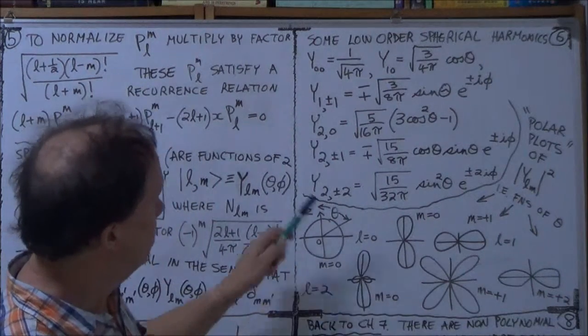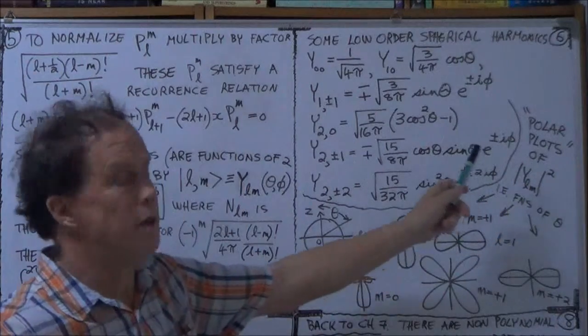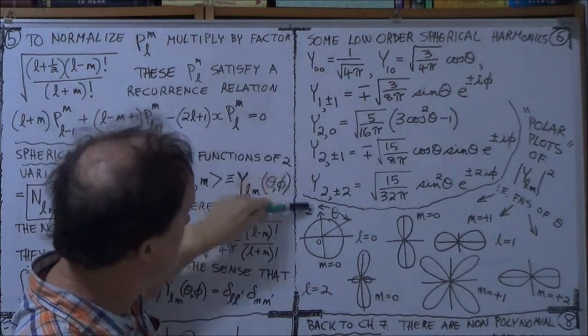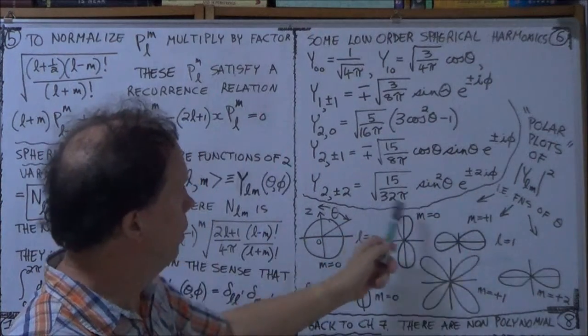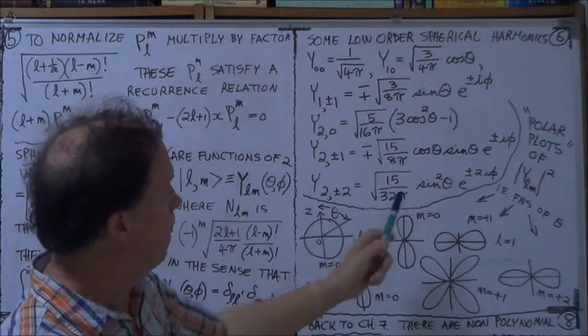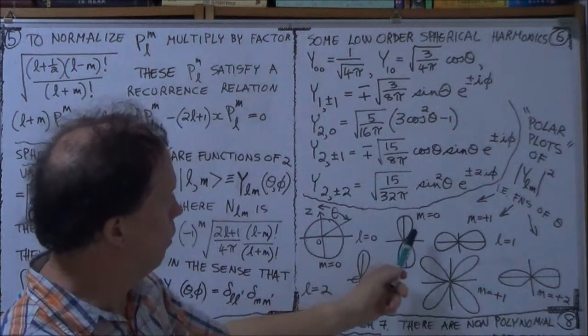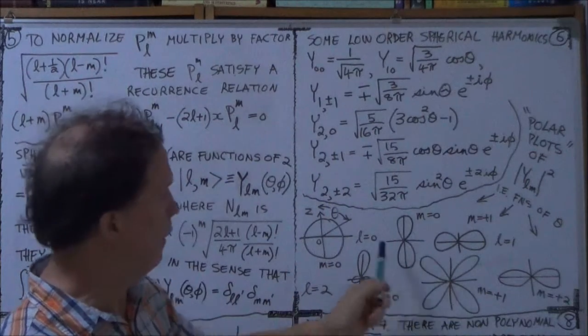Okay. So these things are called polar plots, and all they are is you mod this and square it. So you're modding and squaring the spherical harmonics, and that will give you the probability distribution of where the electron is.